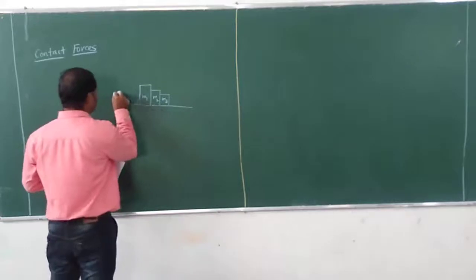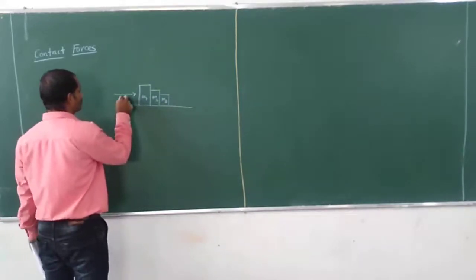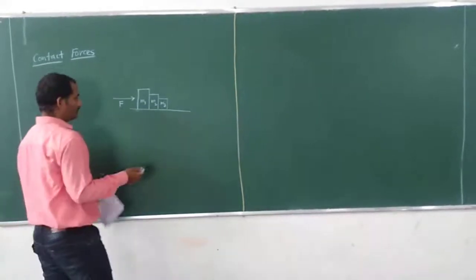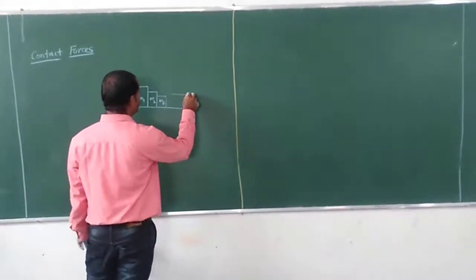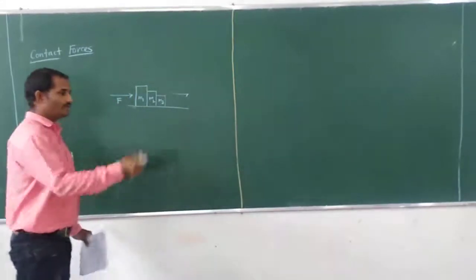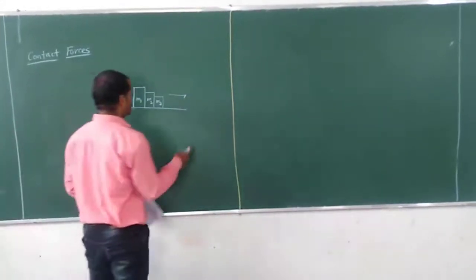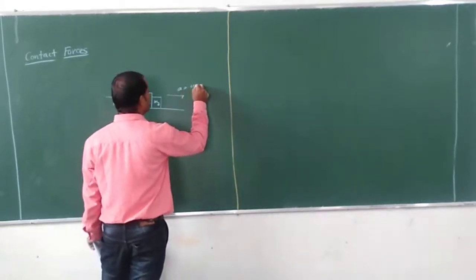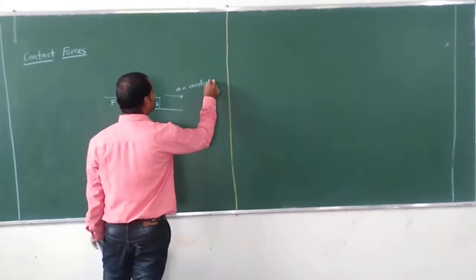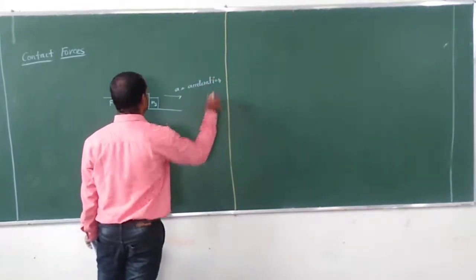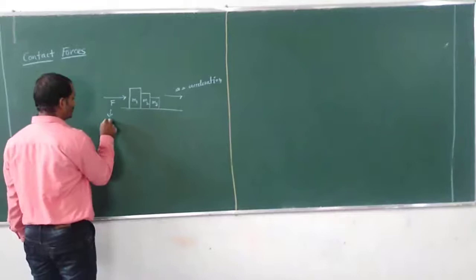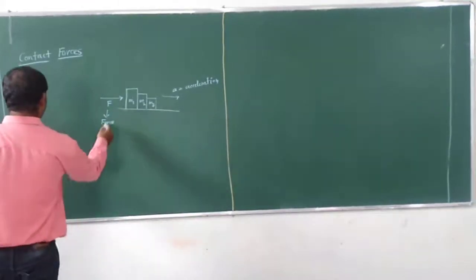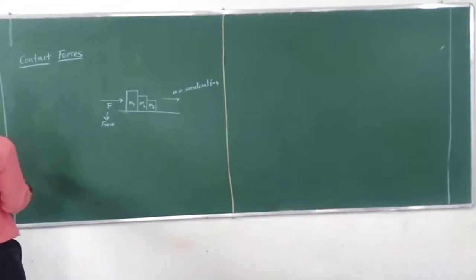So when you apply force on this box, then these boxes move with linear acceleration. So a is acceleration and this is the force applied on this box, right?